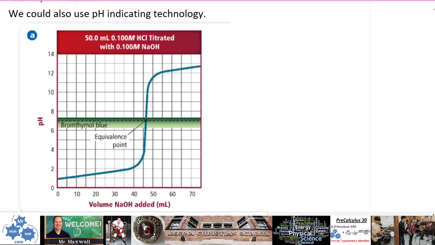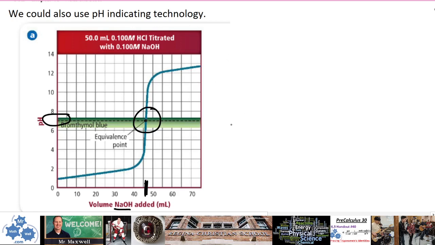Well, at that point, at this volume right here, would be the volume of NaOH that you would need to add to completely neutralize, pH 7, the acid that's in there.